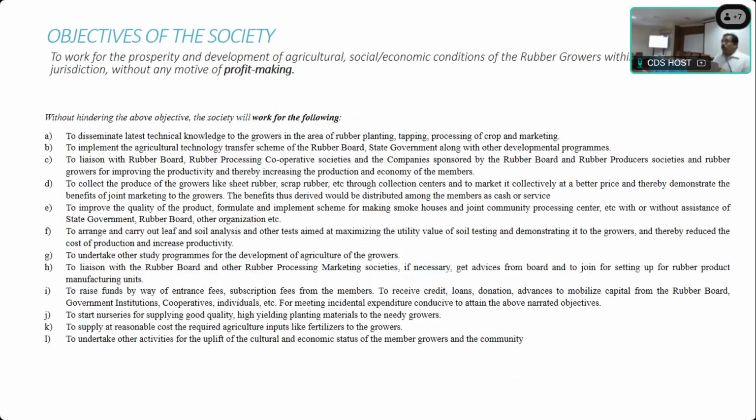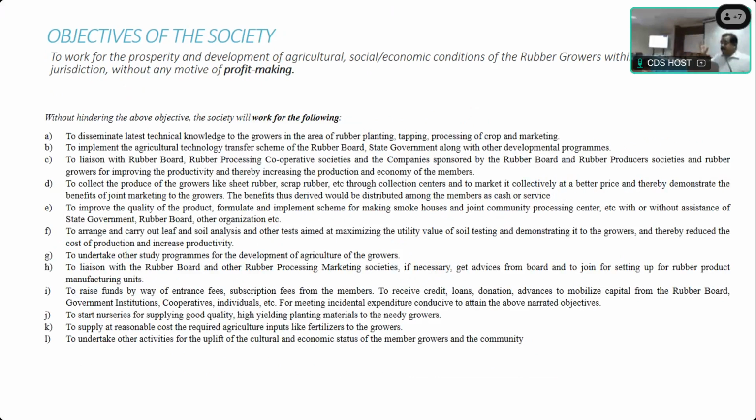Now, what are the objectives of the society? I think it is important to understand why these rubber producer societies are there. The rubber producer societies have to follow a bylaw which states an objective and a certain number of functions that they are supposed to be doing.